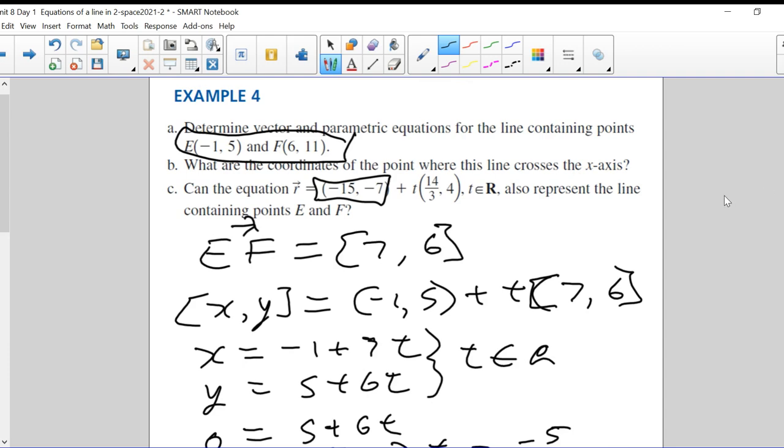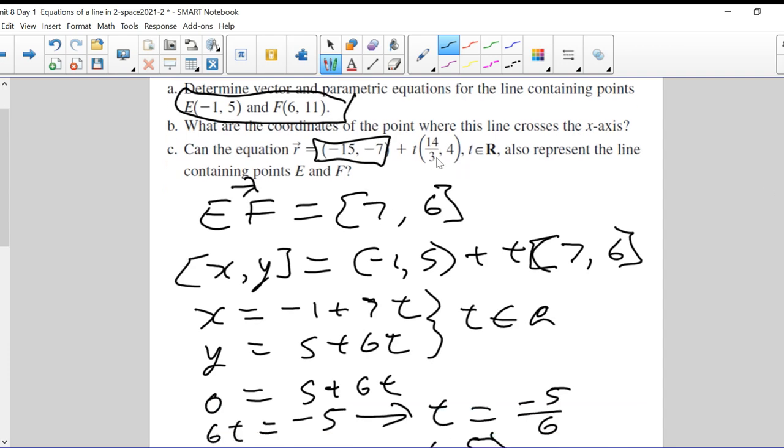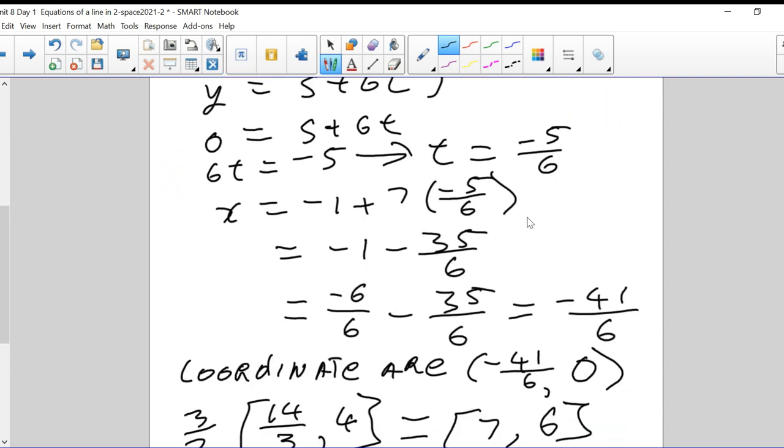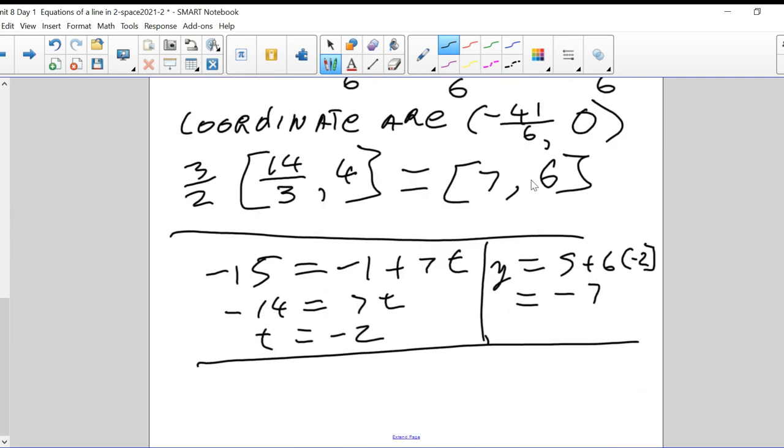So here's what I'm going to suggest to you. See this 14 over 3 and 4 here? I'm going to go down here and put the 4 over the 14 over 3. Now, what's the best way for me to reduce that down? If I'm dividing a fraction by another fraction, do you remember how to do that?